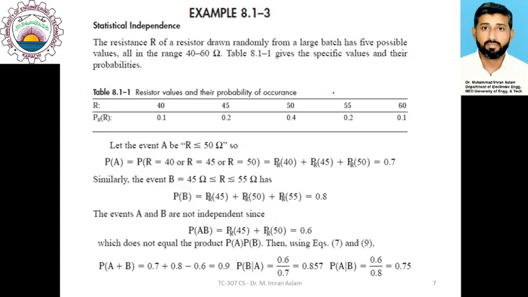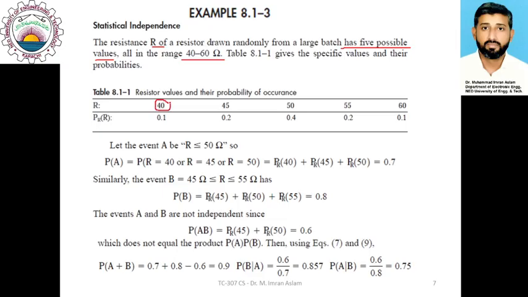Let us take another problem here related to the statistical independence. We have a resistance R. We want to draw this resistance randomly from a large batch having 5 possible values. So there are 5 possible values of resistances in the range of 40 to 60 ohm.